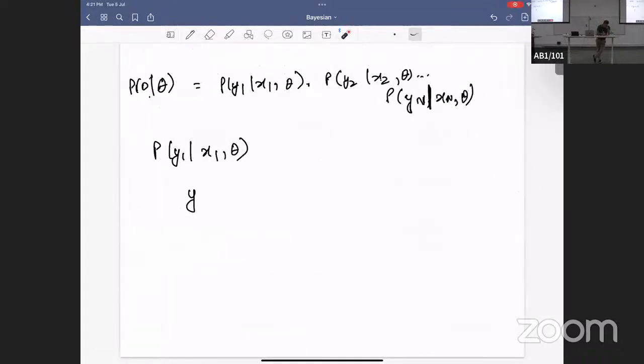So therefore, we know that y1 is normally distributed with mean f of x of 1 and the variance sigma squared, right? Now what is f of x of 1?